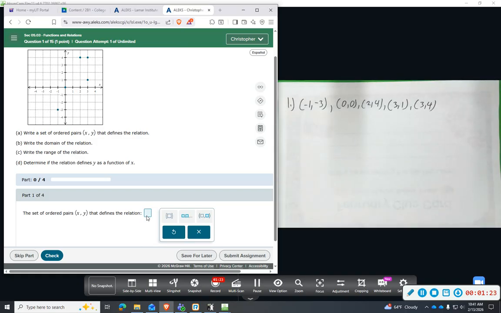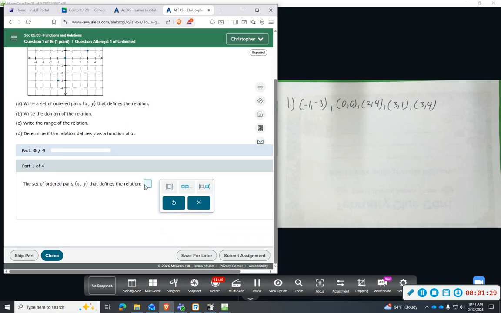Okay. So these are the ordered pairs that we're pulling off of this graph, and we're going to input them here. So each time I'll just click the ordered pair box, -1, -3. Separate each of them with a comma. 0, 0. Add a comma. 2, 4.